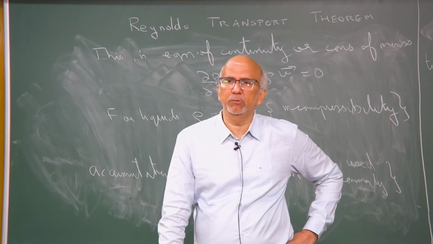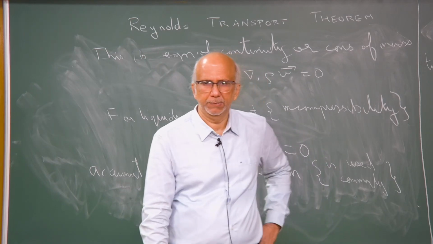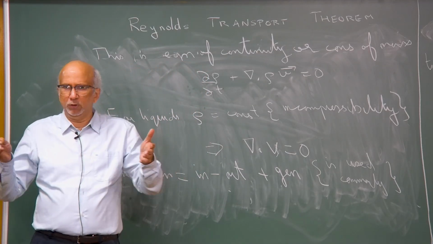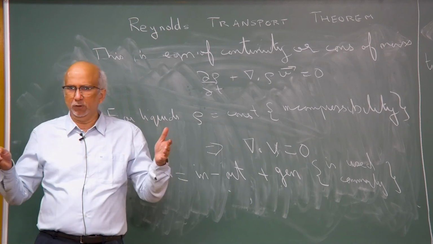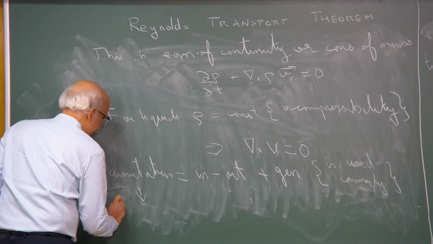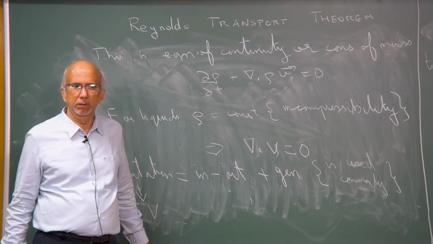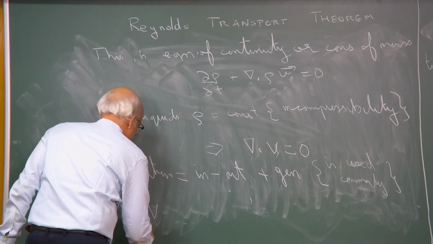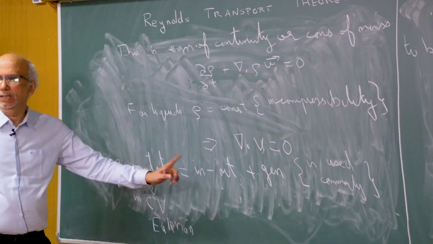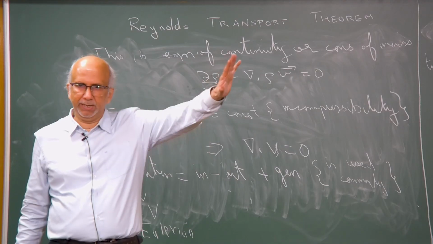So, what is the relationship between this and the different terms we saw in the Reynolds transport theorem? This accumulation term is associated with the fixed control volume, that is what is happening in your CSTR, in your tank. This is the Eulerian thing. In minus out, if I write it as out minus in, is the net outflux.